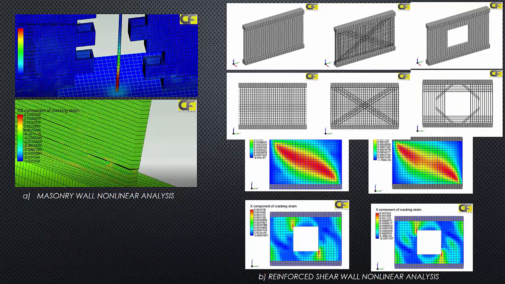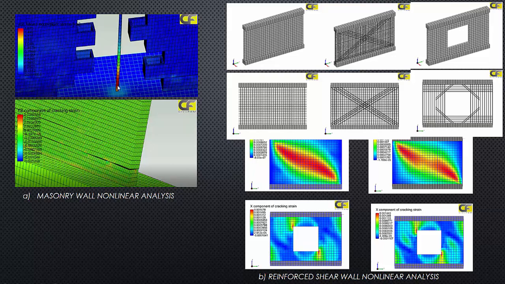Here we have other cases, one for a masonry wall. In this masonry wall case, you can see the detachment between each block and the mortar joint.